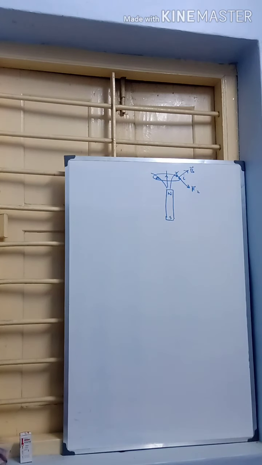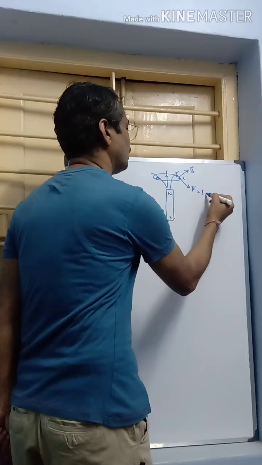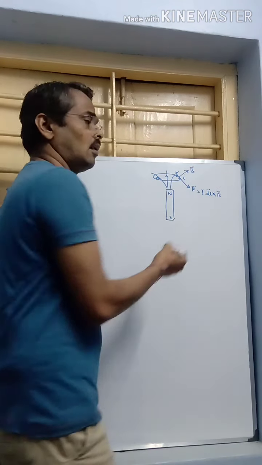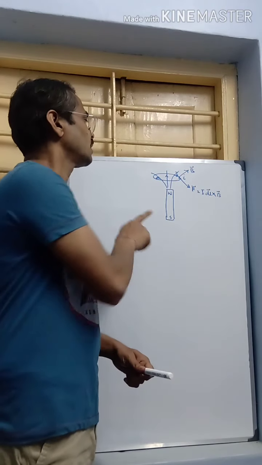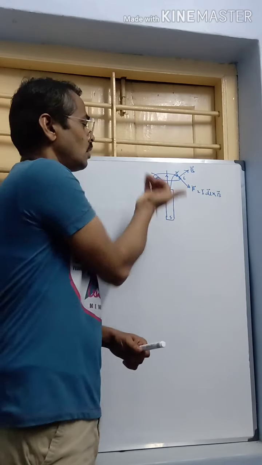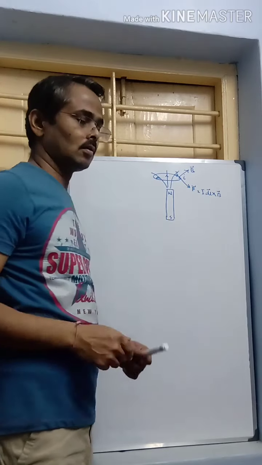Because force is nothing but I dl cross B. So dl is along the tangent to the loop, B is at an angle, and dl and B are perpendicular and make a resultant which is along this.